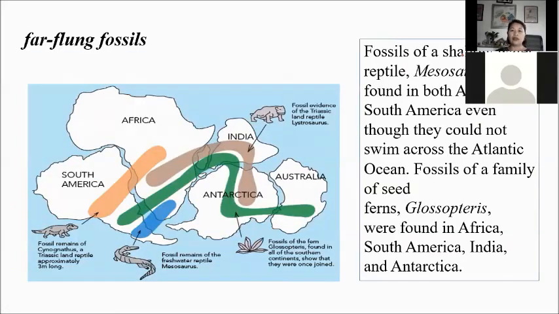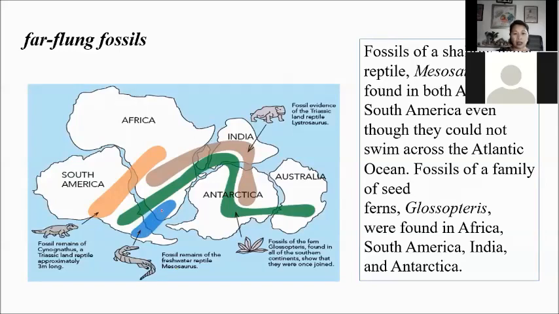Next one, we have the far-flung fossils. So fossils of a shallow water reptile, Mesosaurus, were found in both Africa and South America, even though they could not swim across the Atlantic Ocean. No? So in the figure, saan yan? Nasa bottom part ng picture. Ito yung fossil remains of the freshwater reptile Mesosaurus.